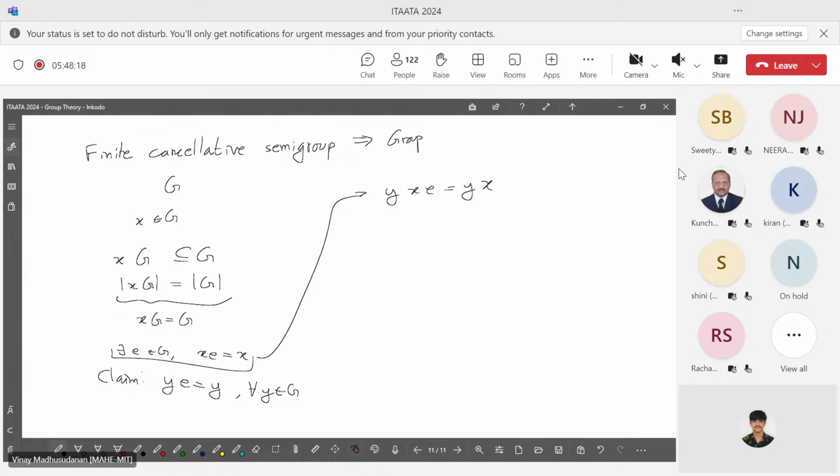You can't cancel x from the middle. That is the problem. Left cancellation and right cancellation are there. You can cancel it if it's on the left or right. But in the middle there is no cancellation.